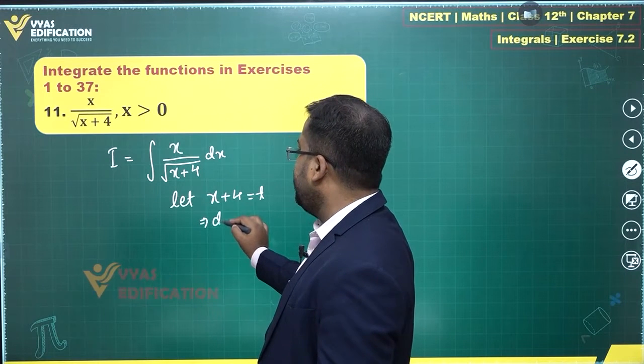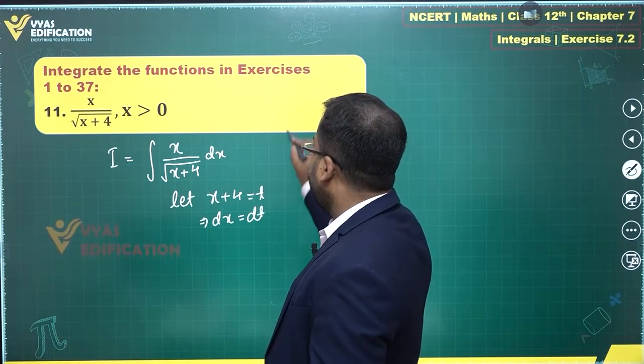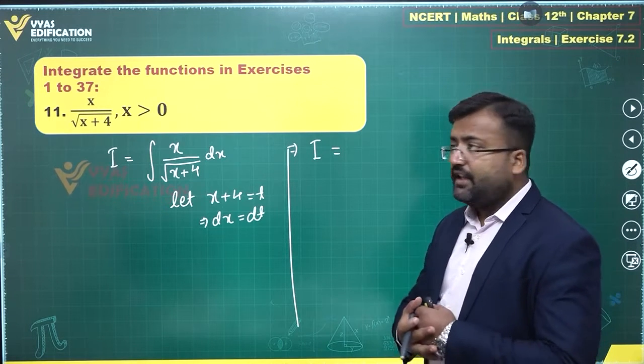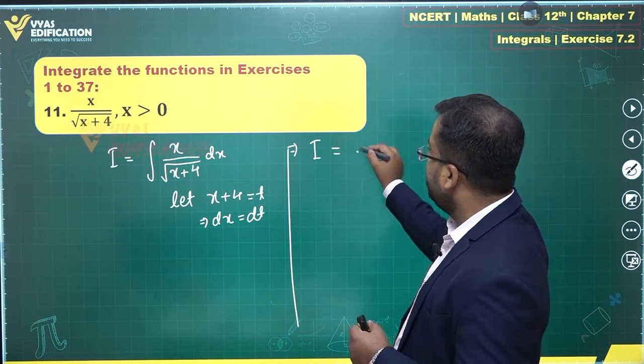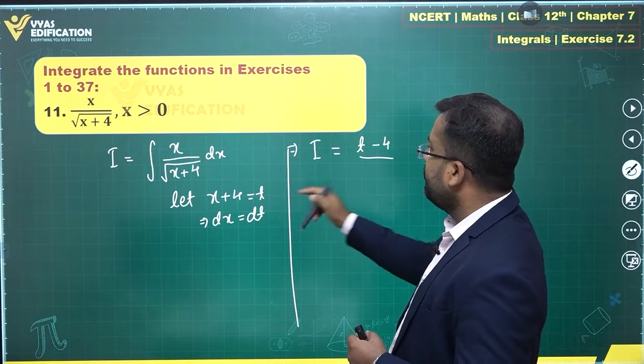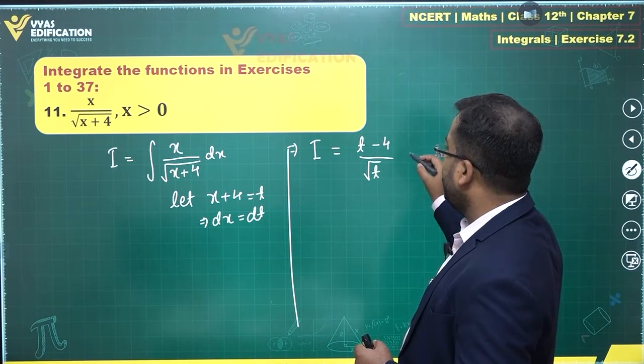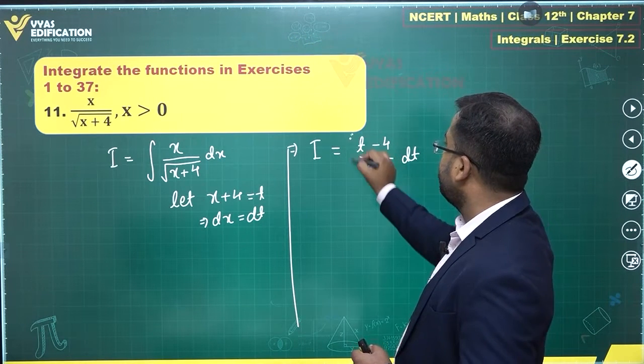That tells me that dx is equal to dt, and this tells me that I will be equal to what? In the numerator, x becomes t minus 4, upon root of x plus 4, which is root of t, and dx becomes dt.